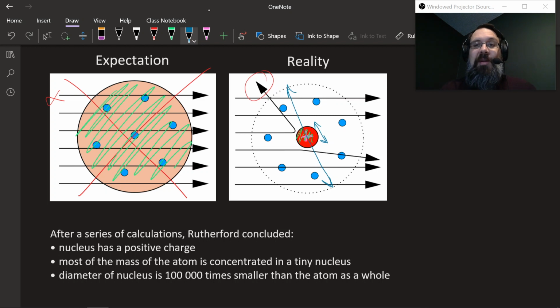And so those are his three main discoveries. First, he discovered the nucleus, obviously. It has a positive charge. It's a tiny, tiny dot at the center where all the mass or most of the mass of the atom is concentrated. The electrons are kind of just like this fluff that fluffs around the atom. But the atom is mostly made of this teeny tiny nucleus.